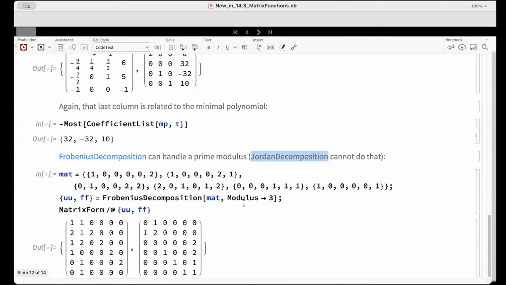It's a well-known thing in university algebra courses, but then there's some ambiguity of how they're defined, and you have to set up some amount of notation, and it's just more trouble than it's worth, frankly. And the users wouldn't much care about it. So anyway, Frobenius decomposition, though, handles a prime modulus just fine.